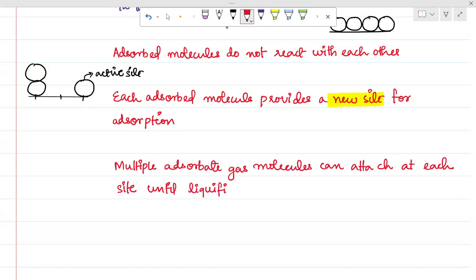Liquefaction means saturation, liquefaction of gas. You can see this is one, this is second, even a third molecule can come and sit over here, no problem. Multiple gaseous molecules can adhere to one single site because this gaseous molecule itself can serve as another site. And hence multilayer formation is possible.